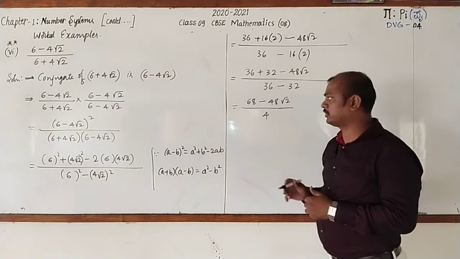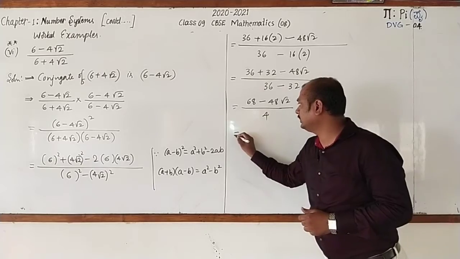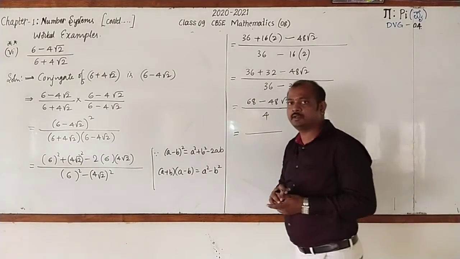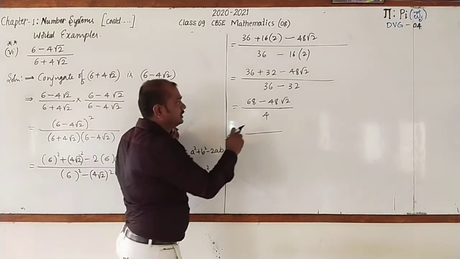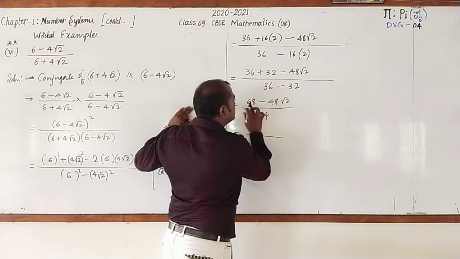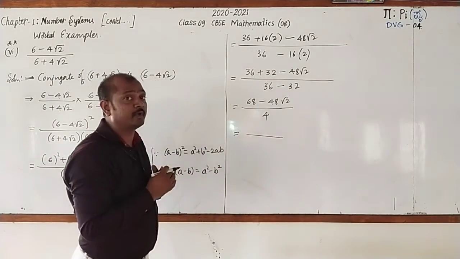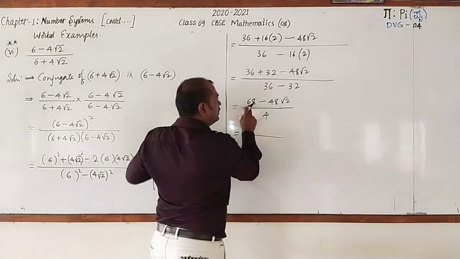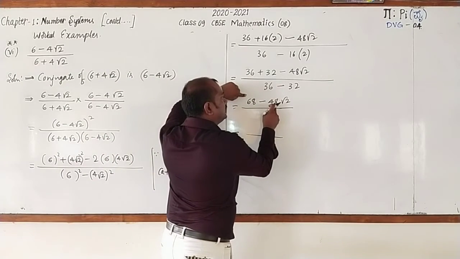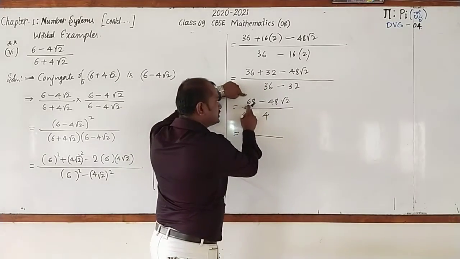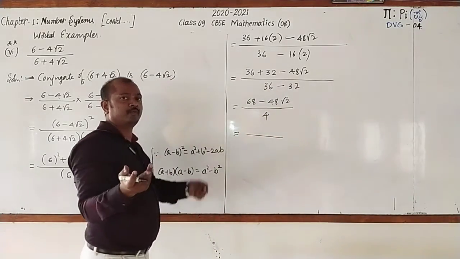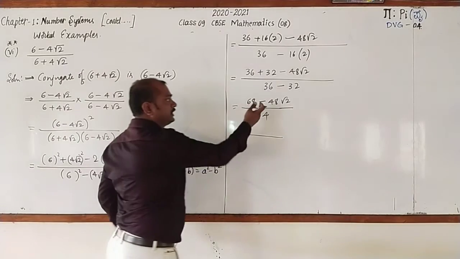Can we write 4? Yes. Then is it possible to simplify further? Yes. How do you say that it is so? Because in the numerator we have a chance to take out a common factor. What is the common factor? See that 68 is a multiple of 2. 48 is a multiple of 2. Even 68 is a multiple of 4. 48 also.